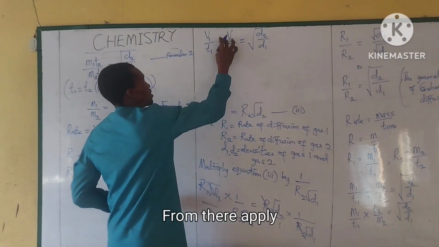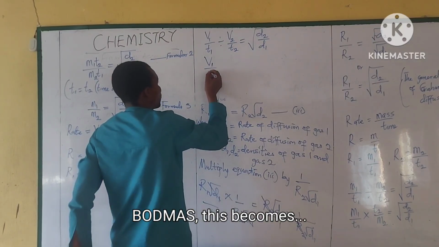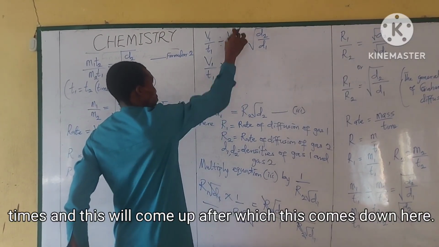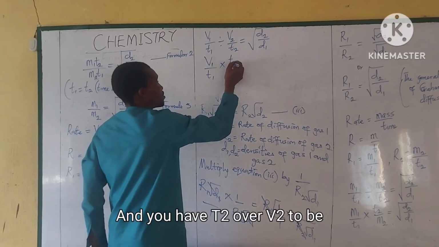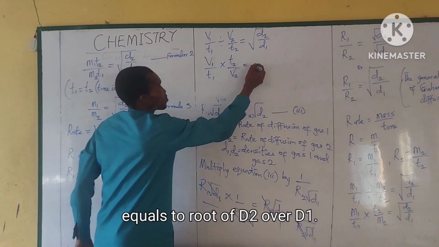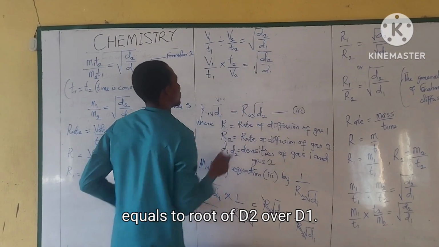Then from there, apply normal law of maths. This becomes times, and when this comes down, you have T2 over V2 to be equals to root of D2 over D1.